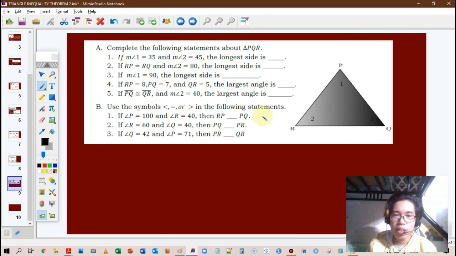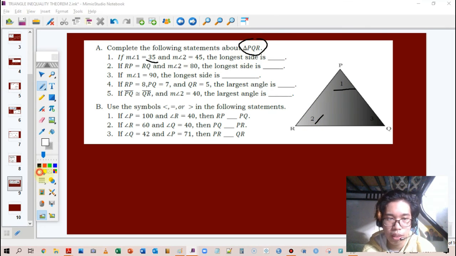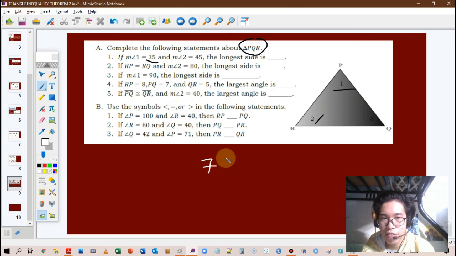Okay, so let's try to solve some problems. Let's say that the measurement of angle 1 is equal to 35, and the measurement of angle 2 is equal to 45. Then to find the longest side of triangle PQR, we add 45 plus 35, which gives us 80.